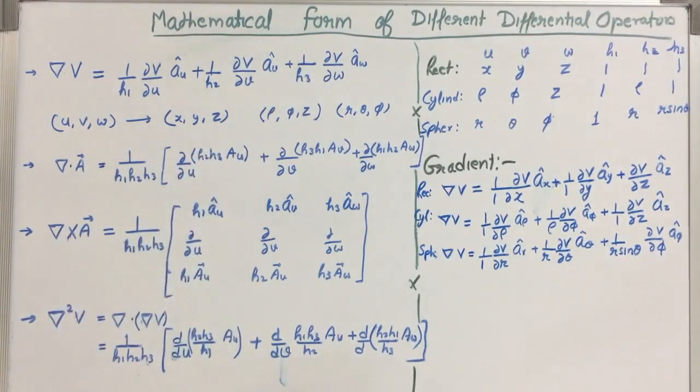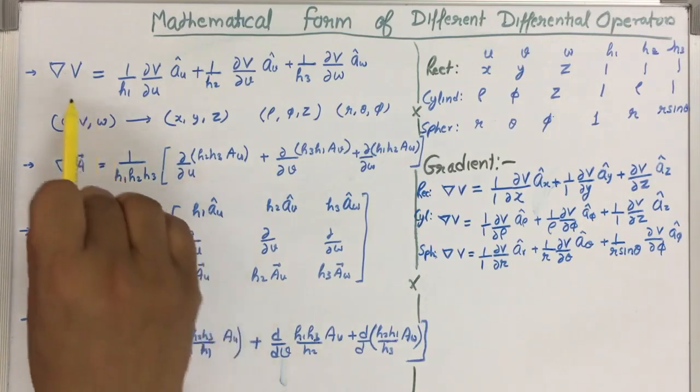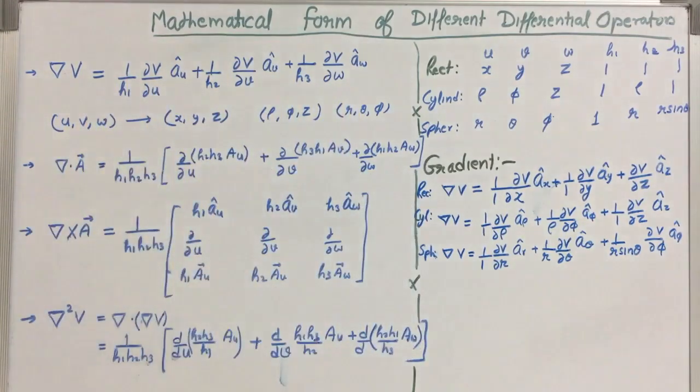So the gradient in different coordinate systems, on the basis of this generalized form, can be written like this.